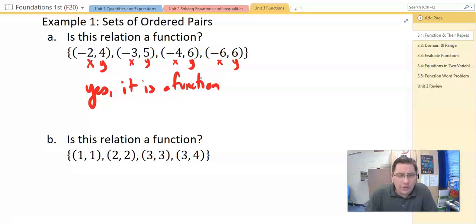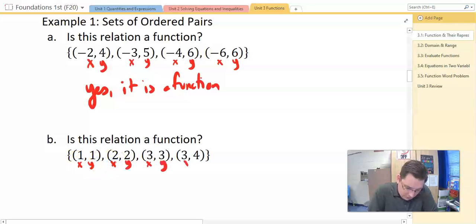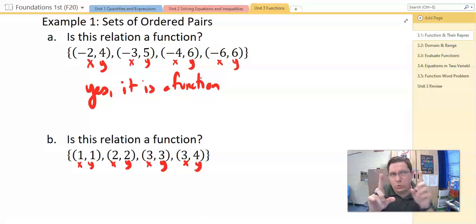We have 1, 1, 2, 2, 3, 3, and 3, 4. Okay? Well, again, we have our x to our y, our x to our y, x to y, and x to y. Right? And so, do we have 1 x to 1 y? Now, again, they don't have to be unique, but do I only have an x going to 1 y, or do I have an x going to 2 y's? And that's what we see here.